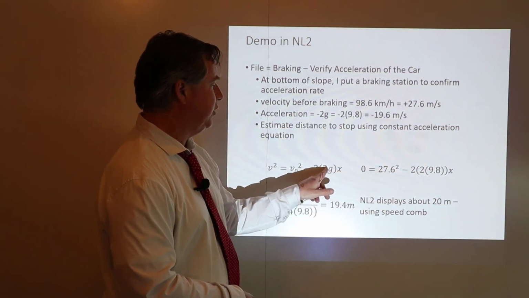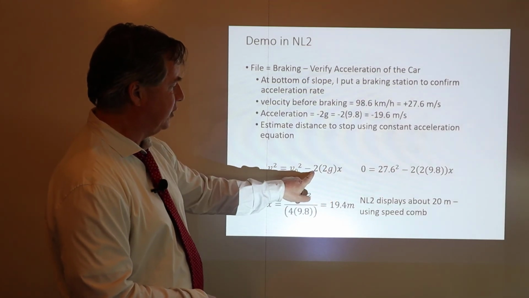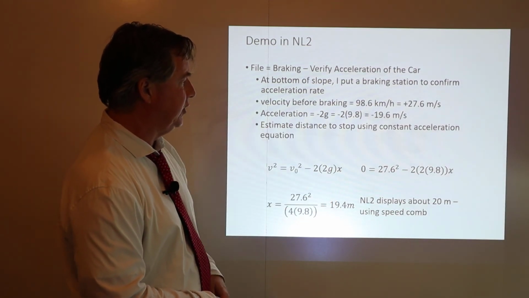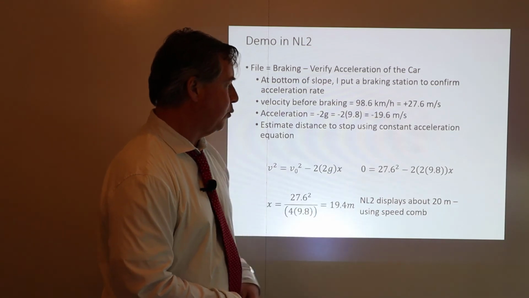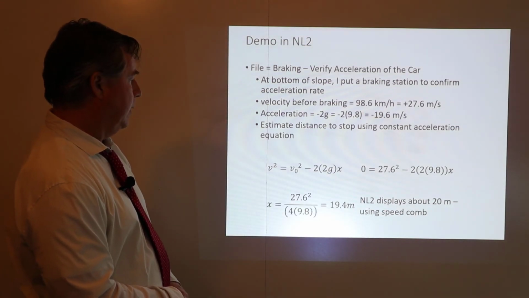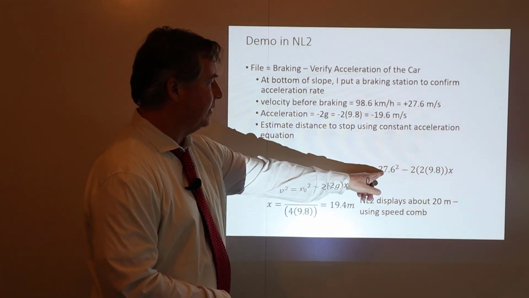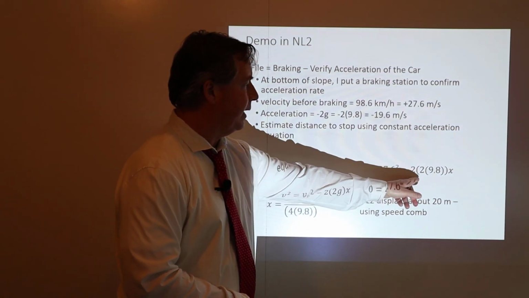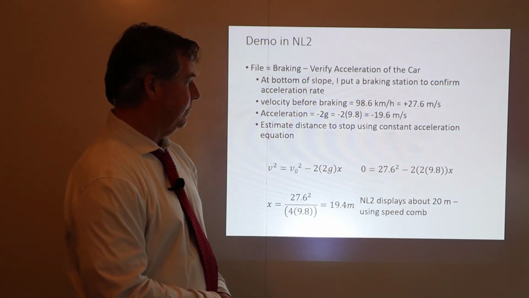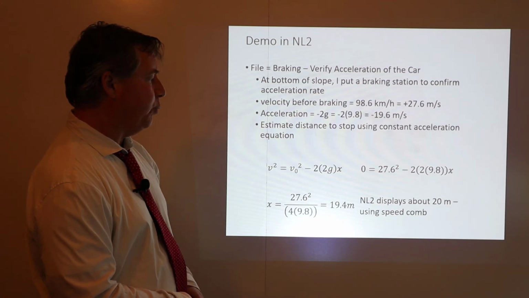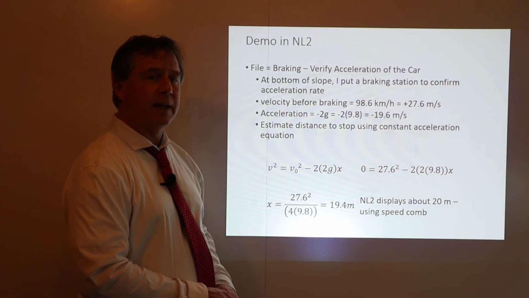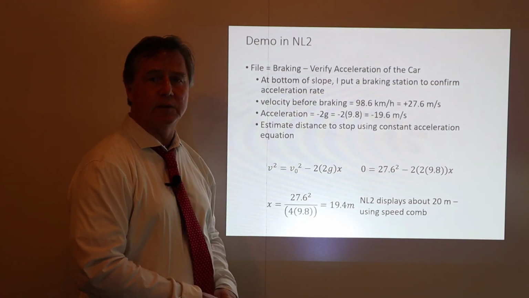Minus 2 times acceleration, and our acceleration is 2g. So 2 times 2 times 9.8x. Okay. And then do a little algebra on this. I'm going to subtract this from both sides. Divide both sides by 2 times 2 times 9.8, and I get 19.4 meters, and that's about what it came to a stop in the NoLimits2 simulator.